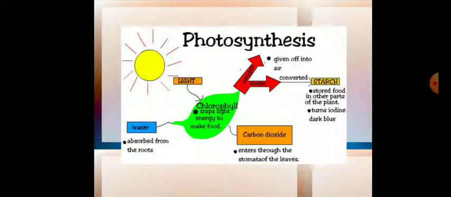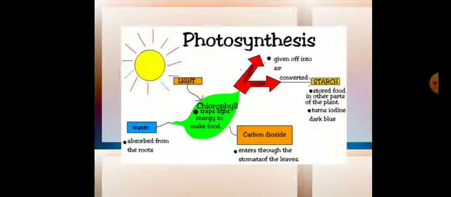And this red arrow shows oxygen and sugar. The oxygen is given off and mixes with the air, and the glucose is converted into starch and stored in different parts of the plant.